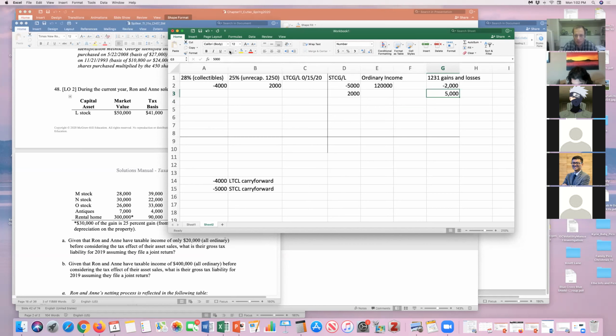So first, they've already done their depreciation recapture. So they have a $3,000 net gain here. But what if we're told they have $2,000 of unrecaptured net 1231 losses from the prior 5 years.